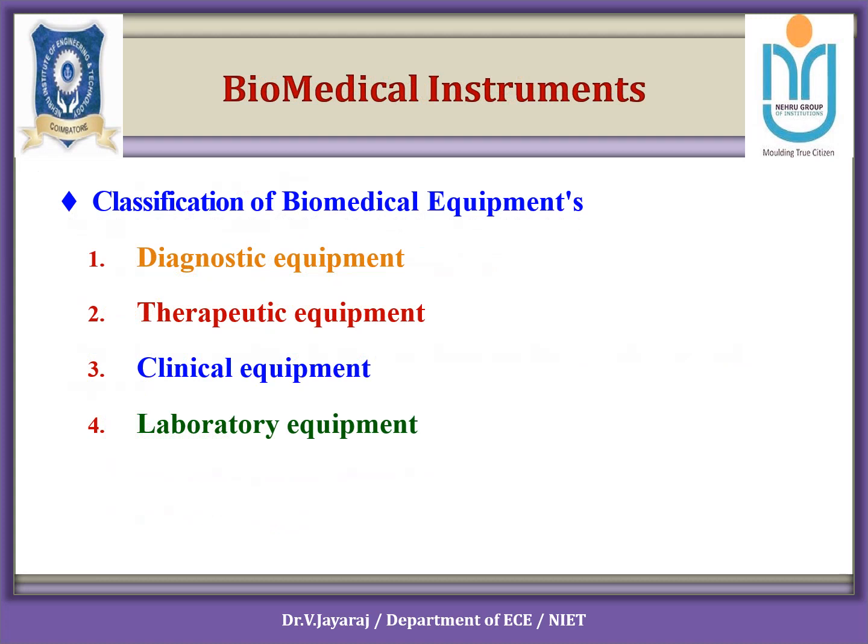So what are all the instruments that are manufactured by a biomedical engineer? Classification of biomedical equipments. There are four classifications of instruments used in the medical field: diagnostic equipments, therapeutic equipments, clinical equipments and laboratory equipments.